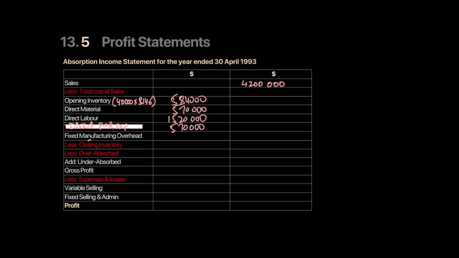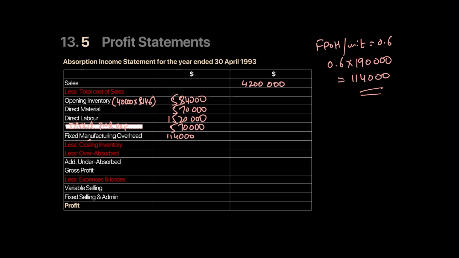So what I can say over here is that the fixed production overhead per unit was 0.6, and this year we made 190,000 units. All right, that's the number of units produced. So if you calculate this, you should get 114,000. That's your fixed manufacturing overhead or fixed production overhead. So I can write this down, 114,000. This should also be part of your cost of sales.